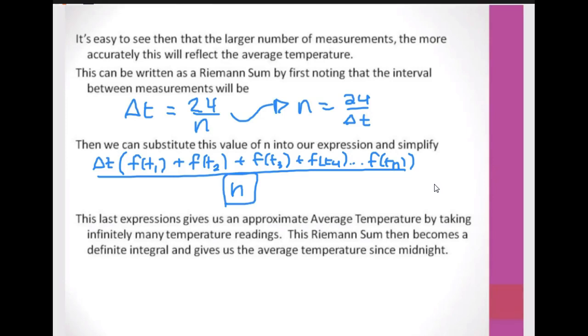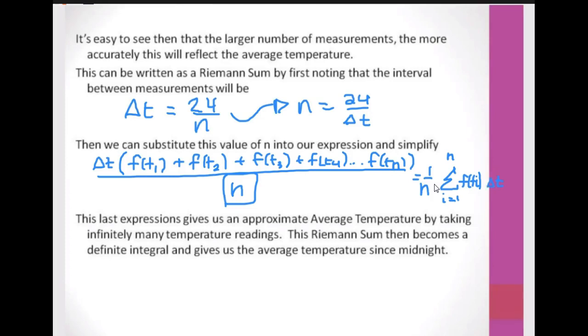That's kind of like a constant, so you could factor it out in front. So that would be 1 over n, and then the summation from i equals 1 going up through n of f of t sub i times delta t.